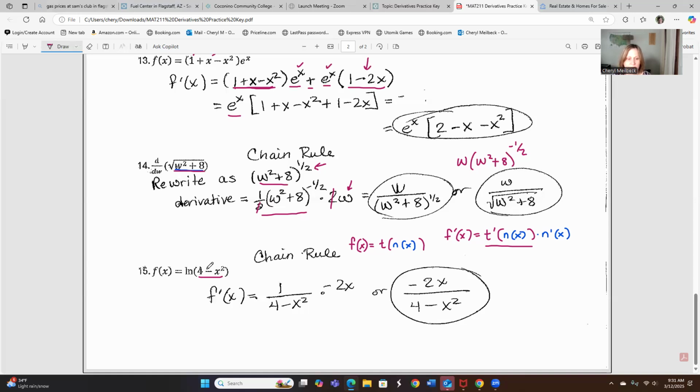So when we take its derivative, the derivative of natural log is 1 over the inside function. Then we take the derivative of the inside function and we multiply that times the derivative of the outside function, leaving us with a negative 2x over 4 minus x squared.